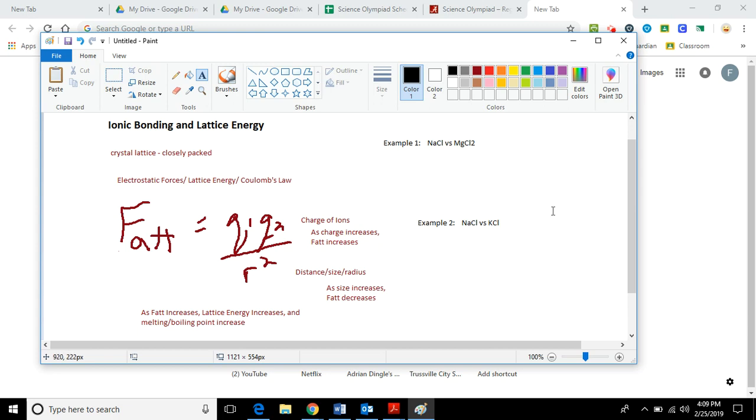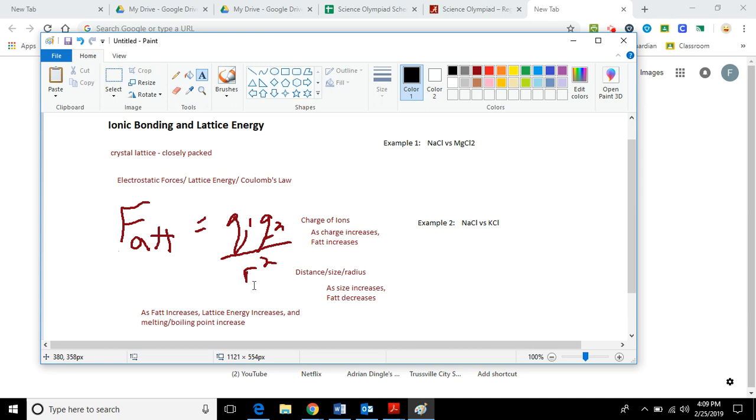Now let's look at example 2. I look at NaCl and I look at KCl as well. Well, NaCl is a +1, -1 relationship, and KCl also is a +1, -1 relationship. So if these two ionic compounds have the same charges, we then look at what is in the denominator of our force of attraction equation, and that is r squared.